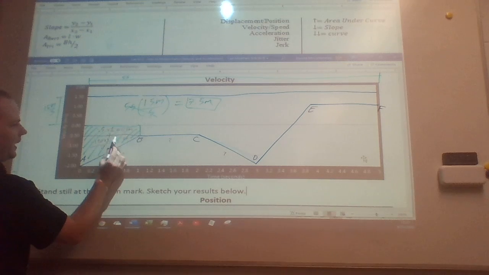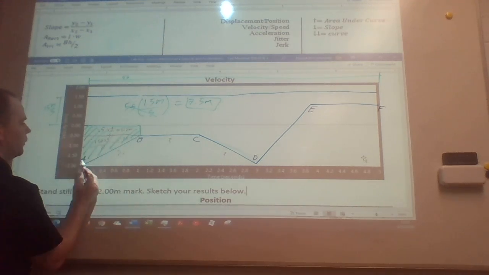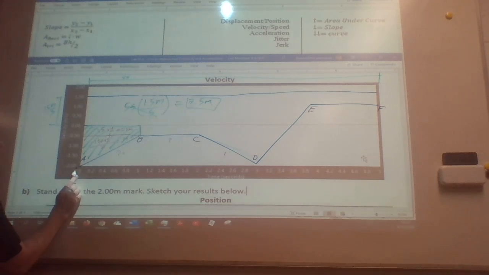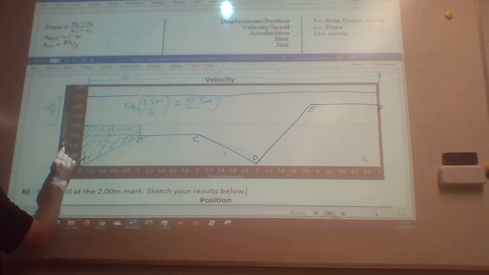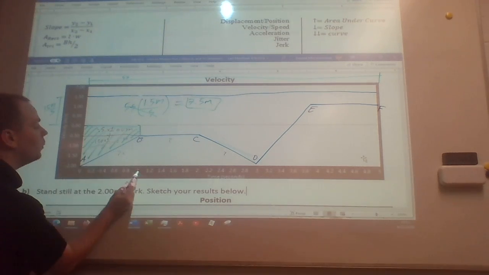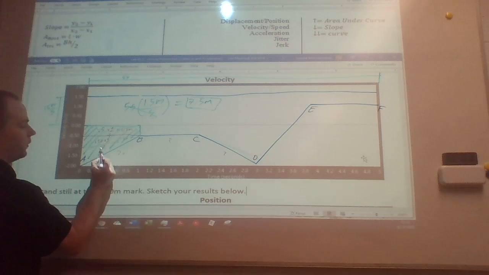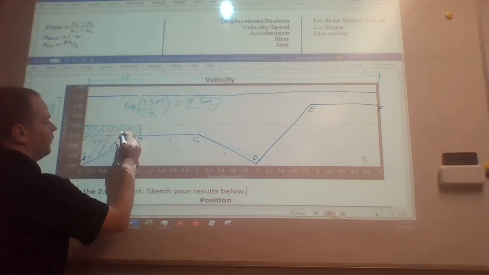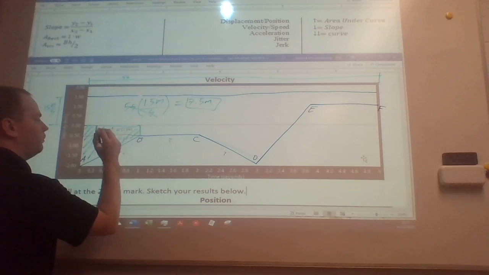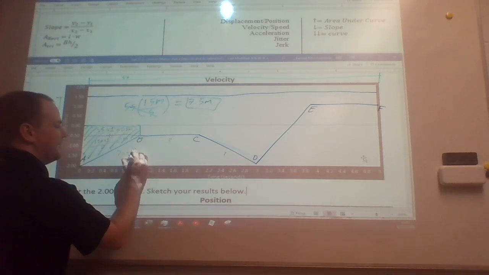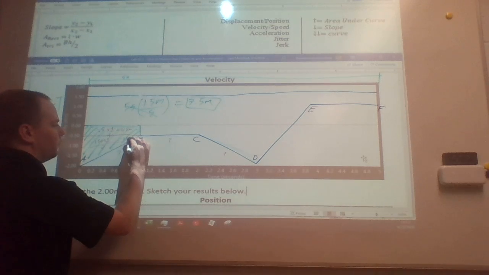Then we add to that the area of the triangle, which is negative 1.5 tall, because we take negative 2 minus negative 0.5. Two minuses you add, so we get negative 1.5. Still 1 second long, and since this is a triangle, we divide by 2. So we've got negative 0.5 plus negative 7.5, which gives us negative 8 meters.